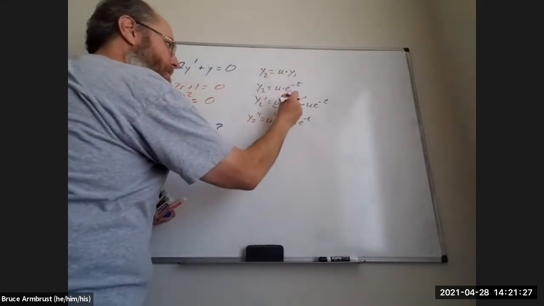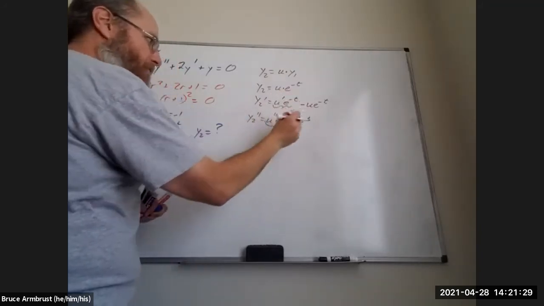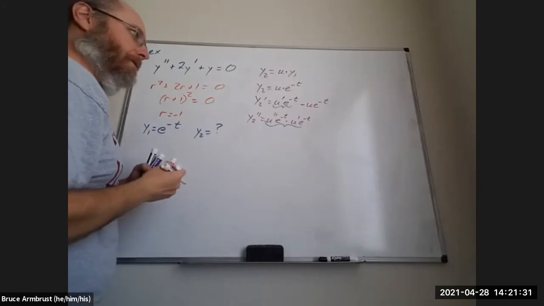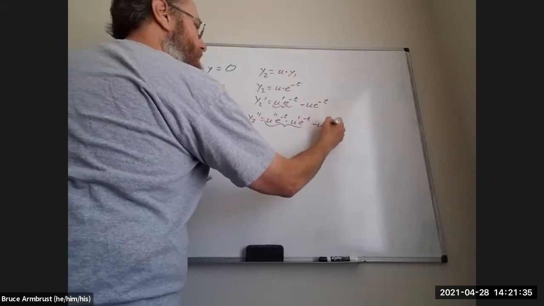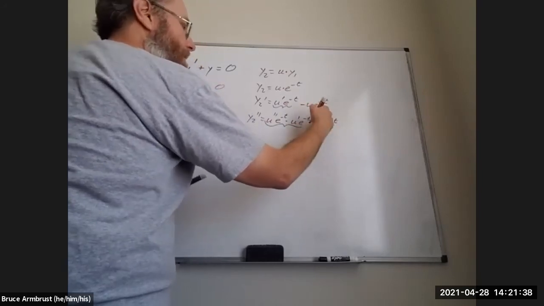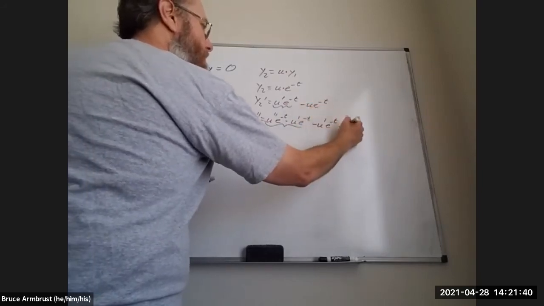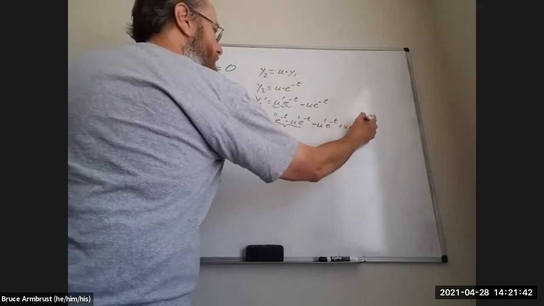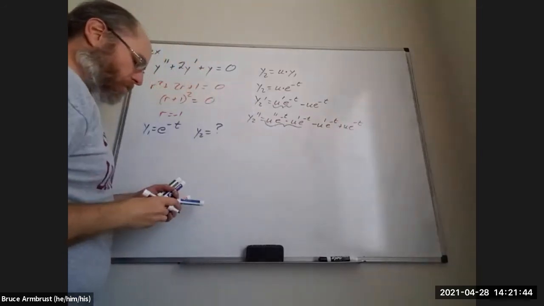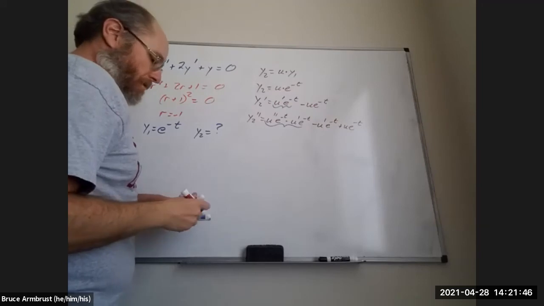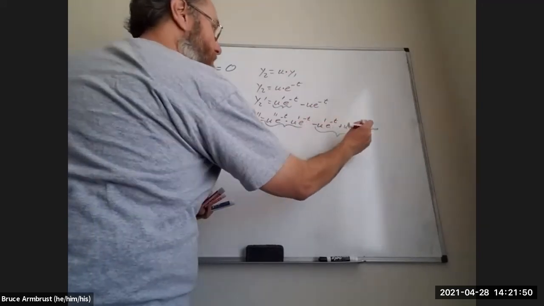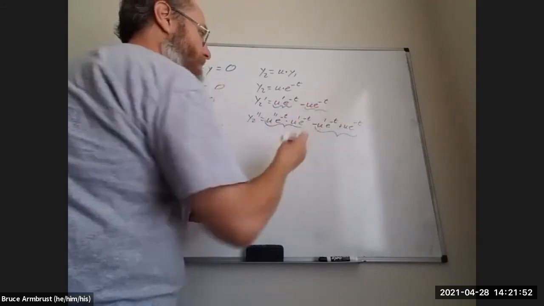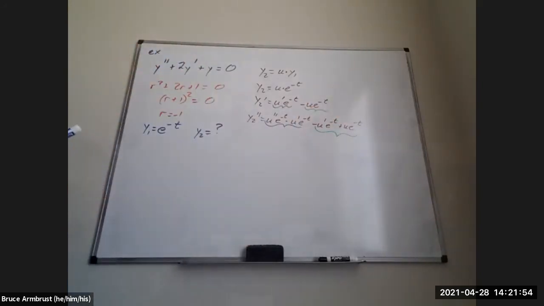So the product rule on that first one led to these two pieces. And then we're going to get minus u prime e to the minus t plus u e to the minus t. These two pieces were the product rule on that guy.